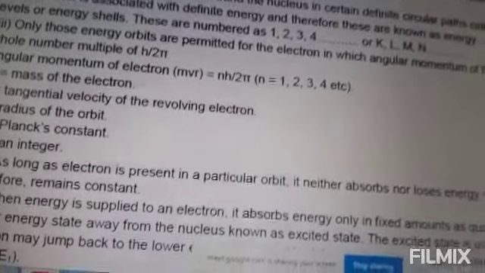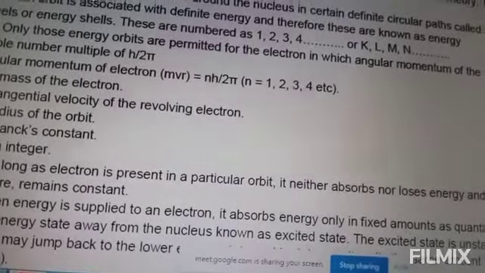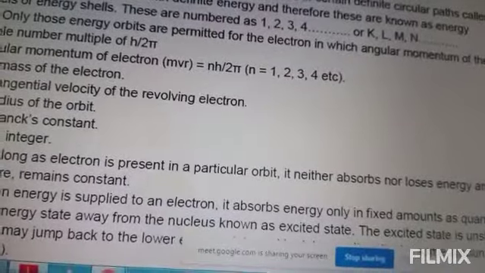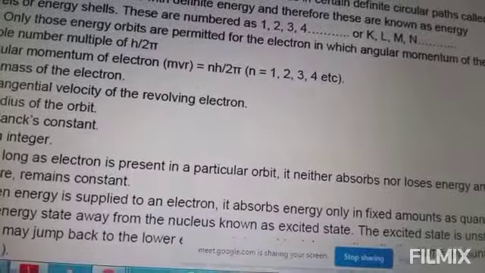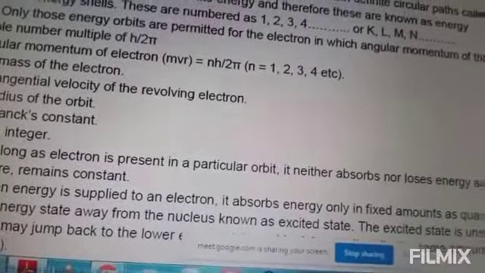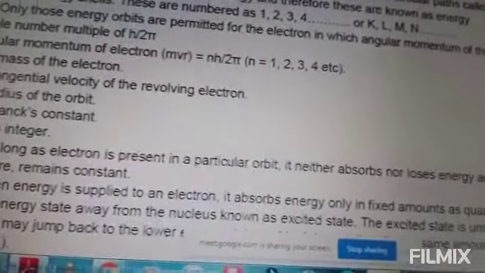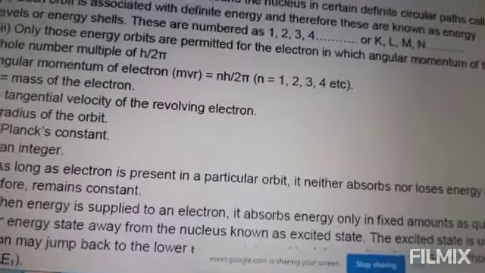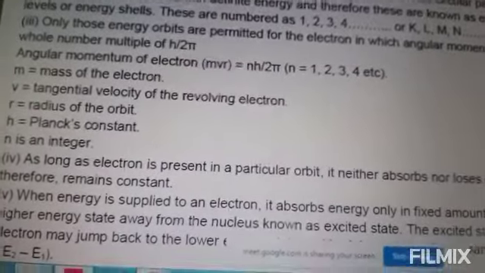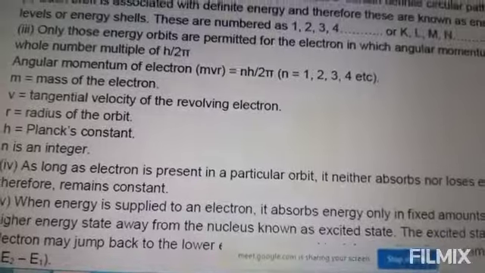For example, helium has two electrons. If you remove one electron, you get He plus, which will have only one electron. In this case also, you can apply Bohr's theory, same as hydrogen. Same thing in the case of lithium. Lithium has three electrons. If you remove two electrons, only one electron remains.